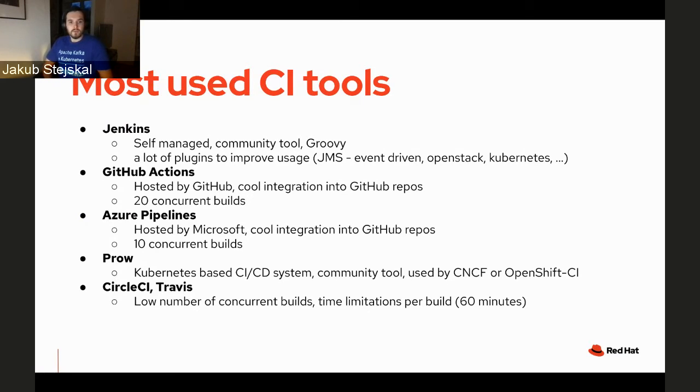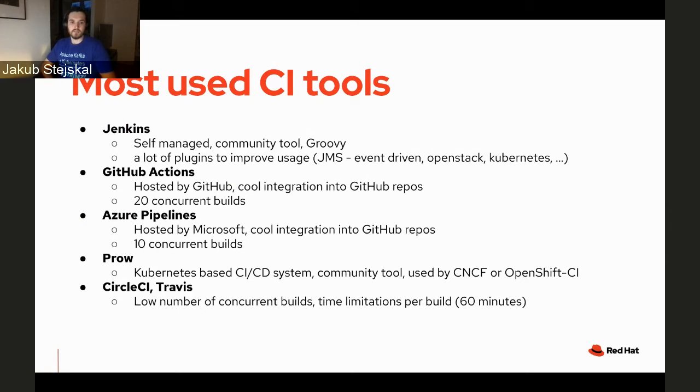The next two CI tools I want to mention are CircleCI and Travis. I just wanted to mention them because there are some limitations which are pretty annoying from my point of view. The first one is that CircleCI and Travis allow you a really low number of concurrent builds. I think it's only one for CircleCI and 5 for Travis.